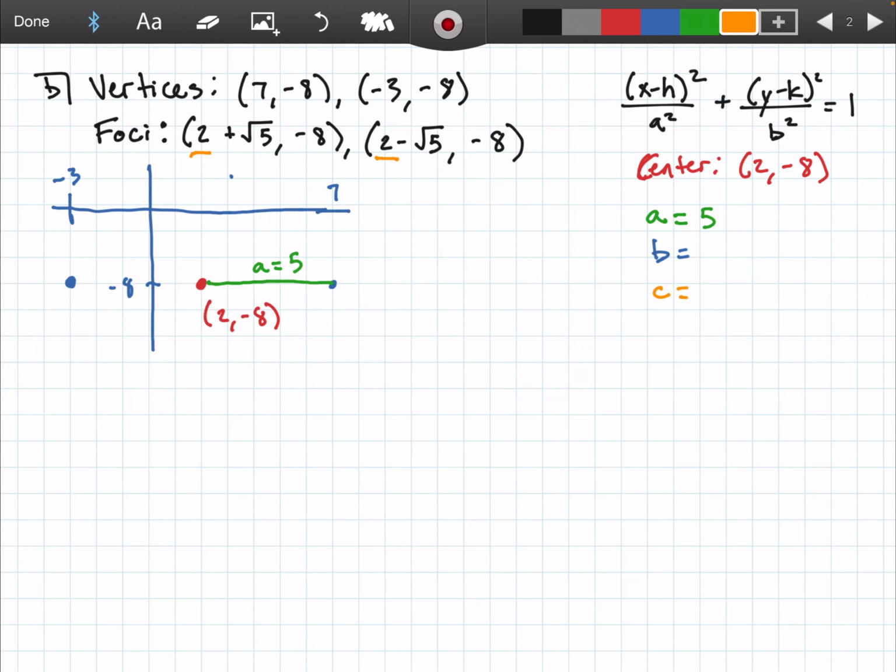It's 2 plus or minus square root 5, so that tells me C is going to be the square root of 5.